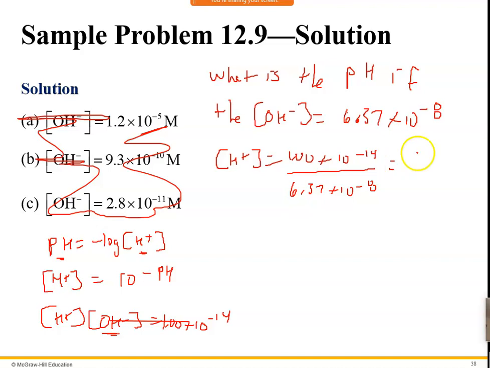So I get 1.57 times 10 to the negative 7. Does that sound right? And then we take the pH of this, which is the negative log of 1.57 times 10 to the negative 7.